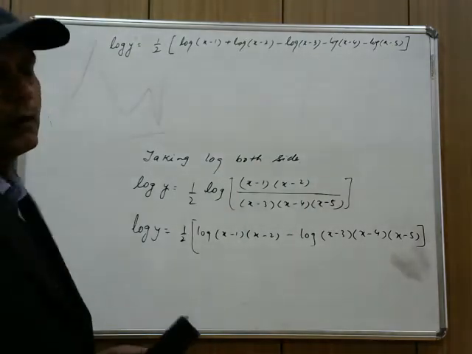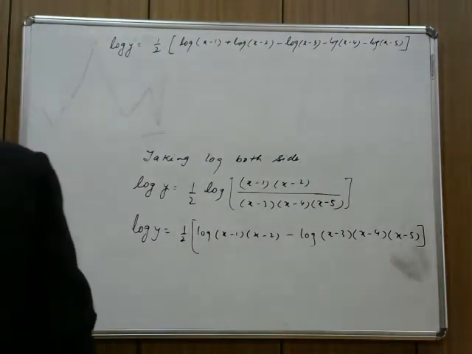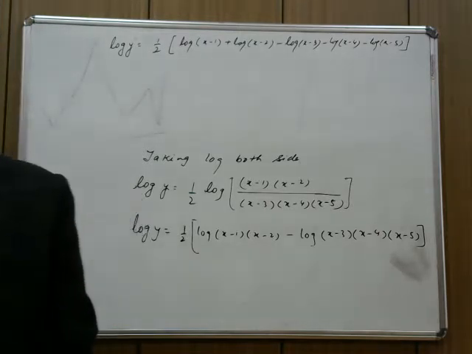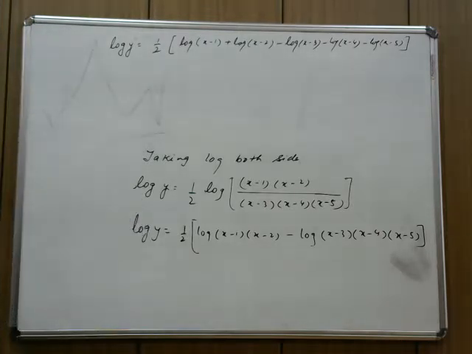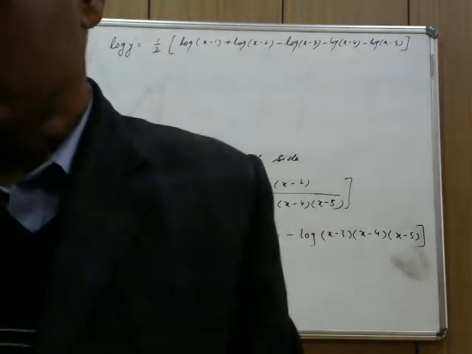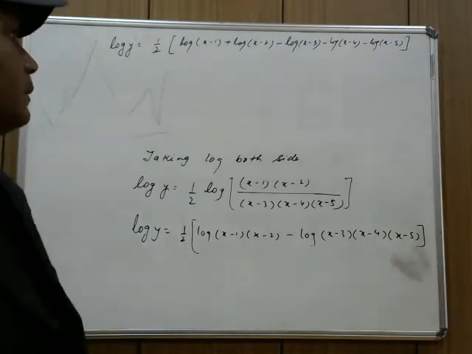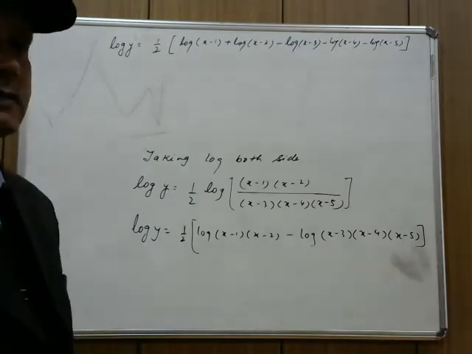See, now we have applied all three formulas of logarithms, isn't it? That means log of y is equal to half [log (x minus 1) plus log (x minus 2) minus log (x minus 3) minus log (x minus 4) minus log (x minus 5)].